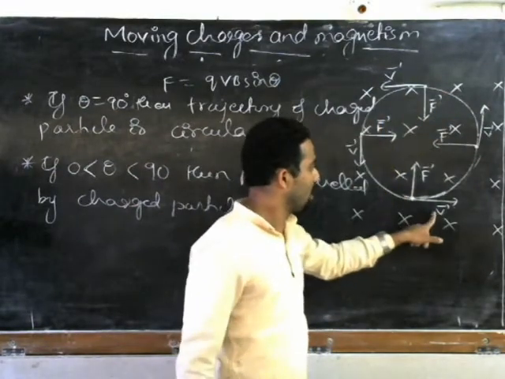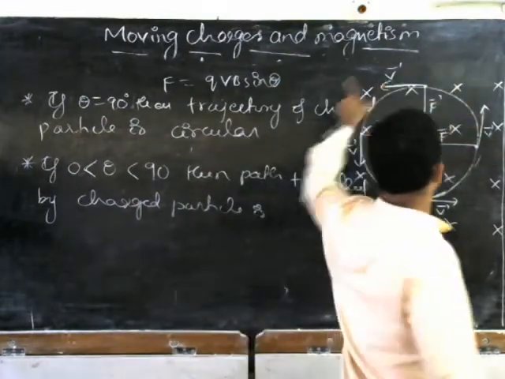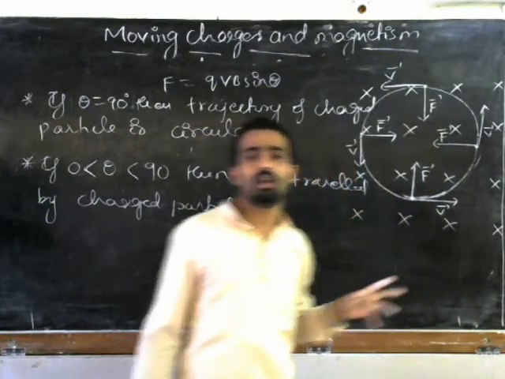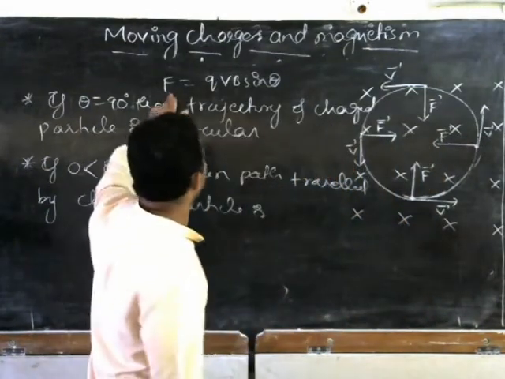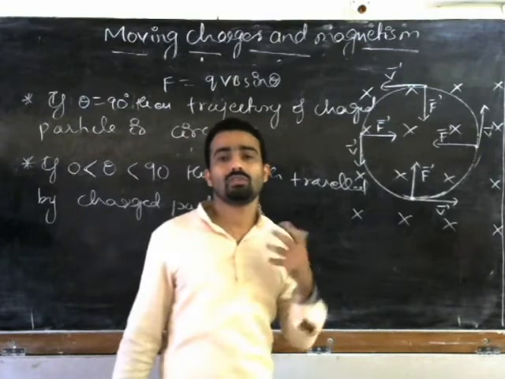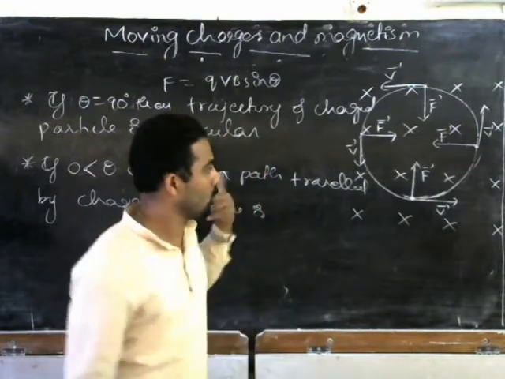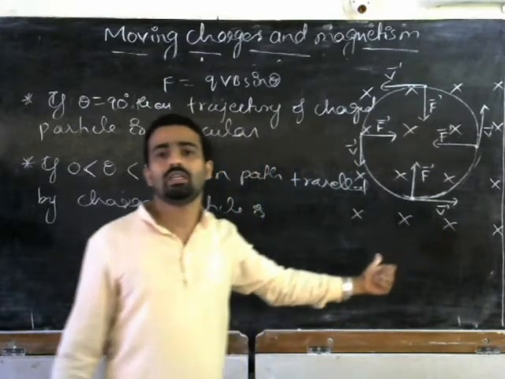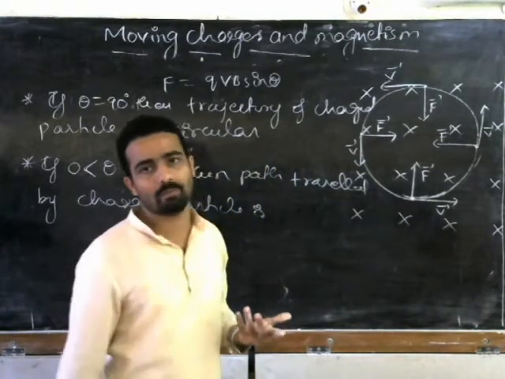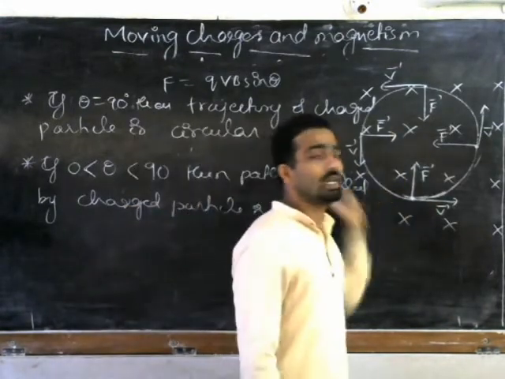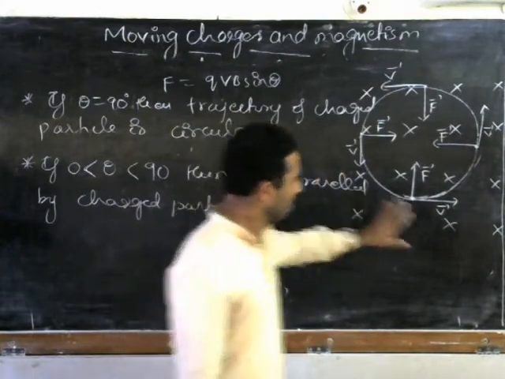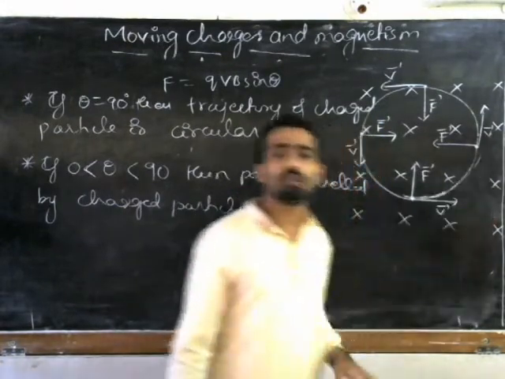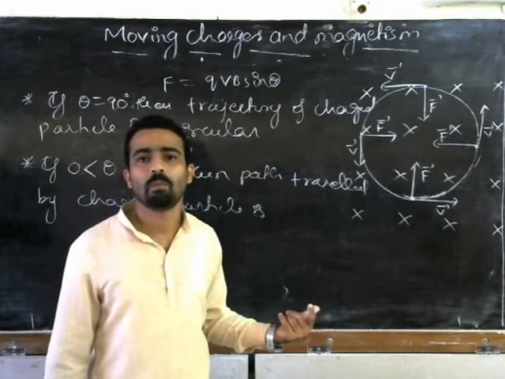Here the velocity is the same throughout, because it is unaffected by this force. So force has no control over the velocity, it doesn't vary that velocity. So at each point the velocity will be the same. But if you look at the direction of this velocity, it changes continuously.